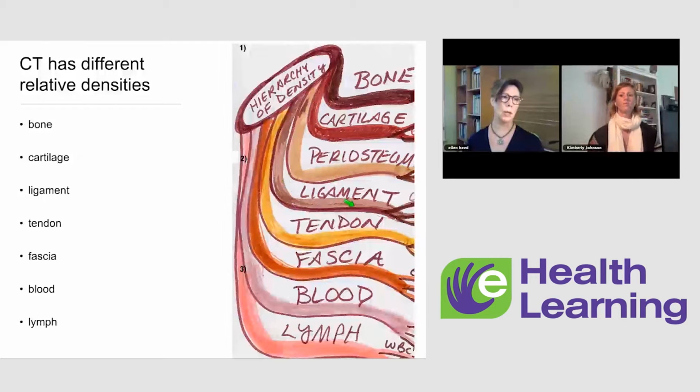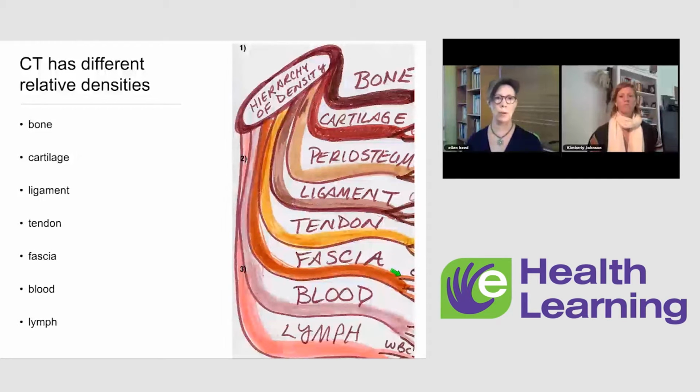Cartilage is mostly made of collagen. Again, it's got a water element to it, and it is less dense and slightly more flexible than bone. Periosteum, coming over to the drawing here, is slightly more flexible than cartilage, if you look at this as a spectrum.